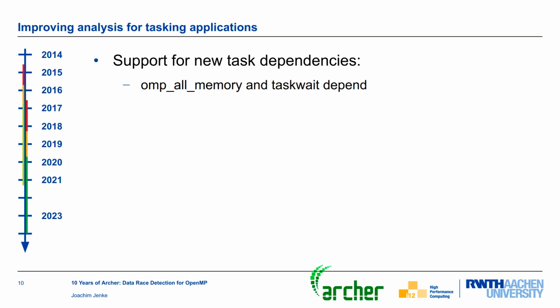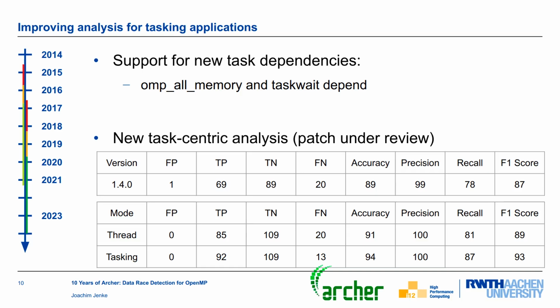In 2023, we added support for new task dependencies, like for the omp_all_memory task dependence and also for taskwait with depend clause. In fall, we also developed a new task-centric analysis where the patch is still under review, now as a GitHub pull request.